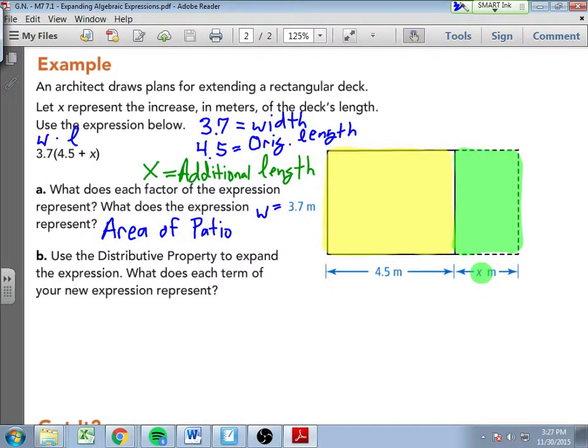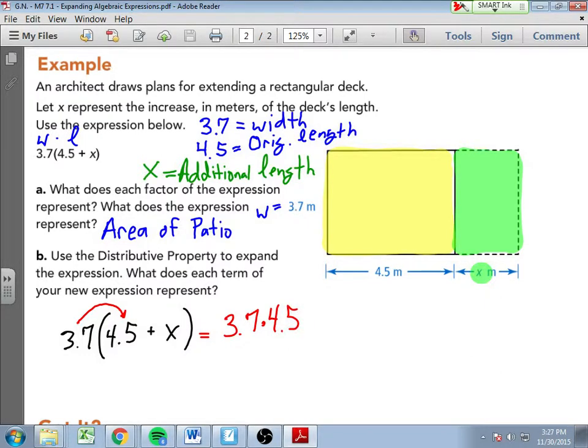So now we're going to solve this through distribution. Down here I would rewrite your 3.7 times (4.5 plus x). My first distribution will be 3.7 times 4.5.